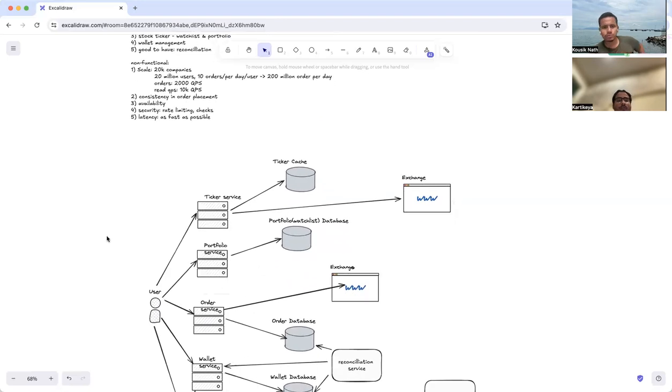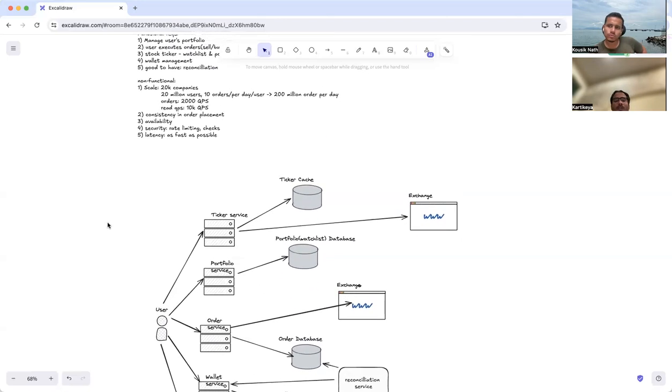And read traffic is one thing. Most of these calls will be wasted anyway, because there would be certain stocks for which the price doesn't change much. So what do we do in that case? We need a connection protocol which can provide the data to the user as soon as possible.